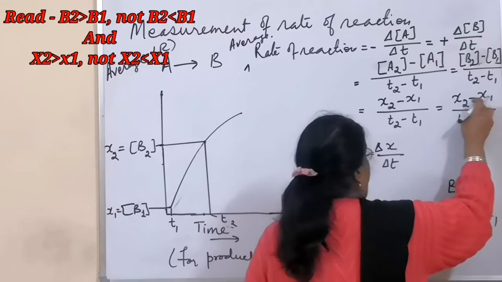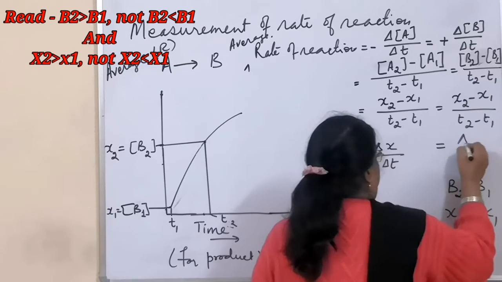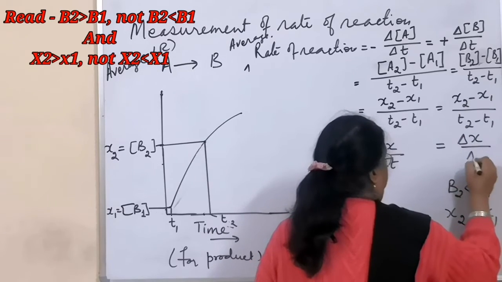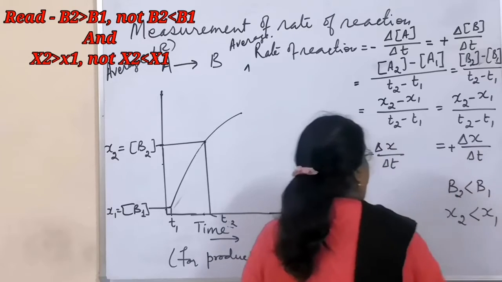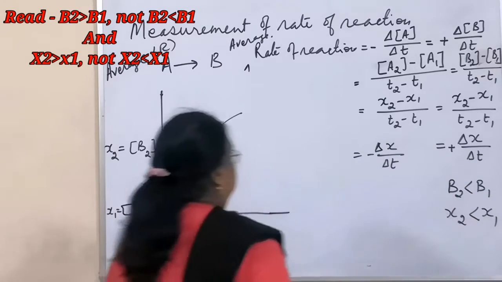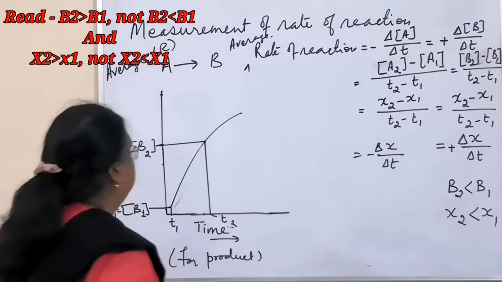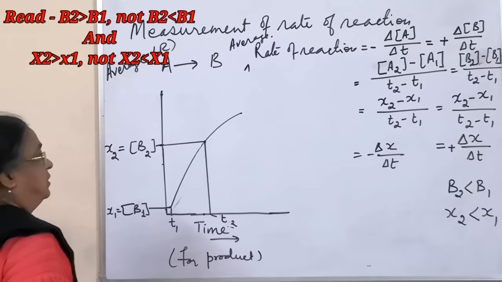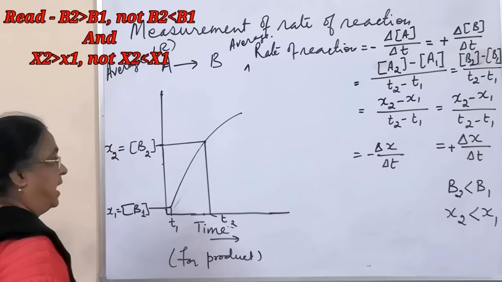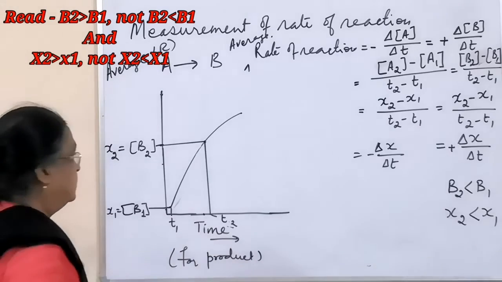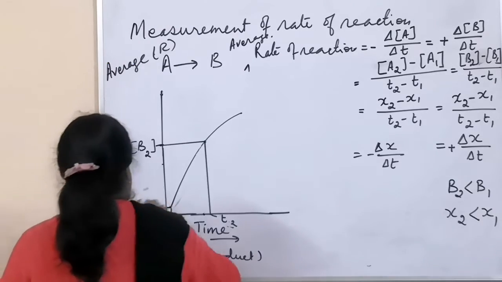So we will have delta X upon delta T with a plus sign. This way you can find out the average rate of the reaction either in terms of reactant or in terms of product.